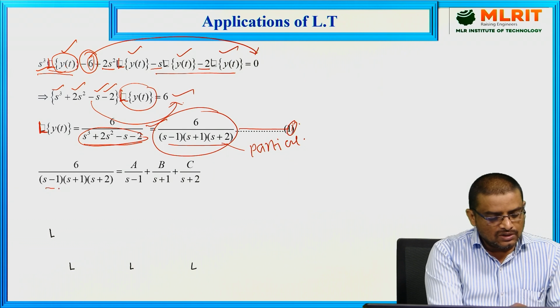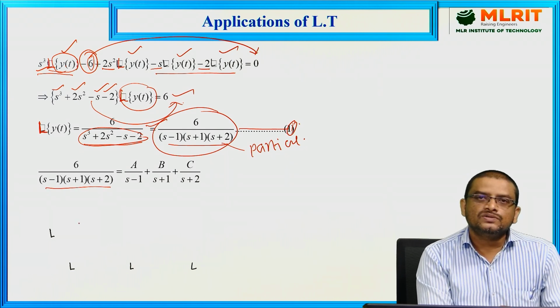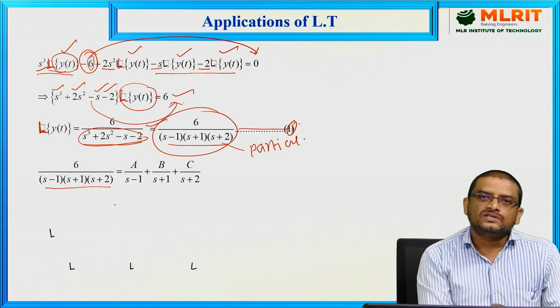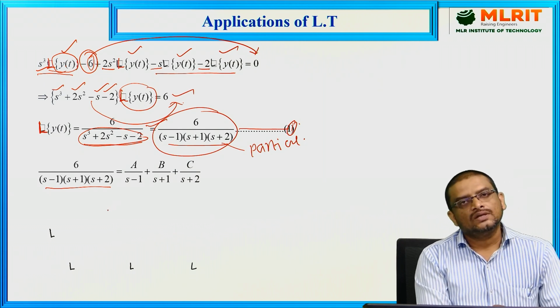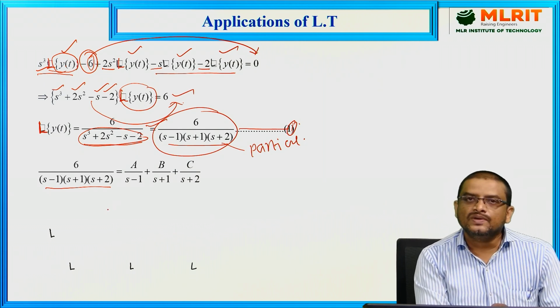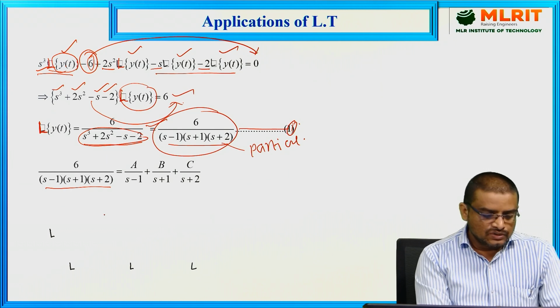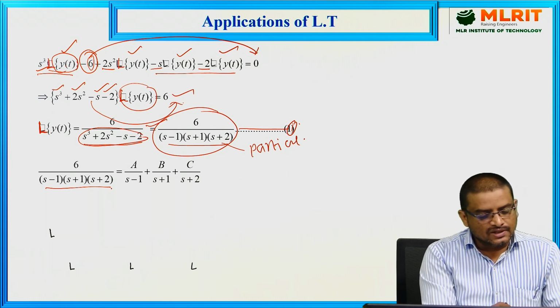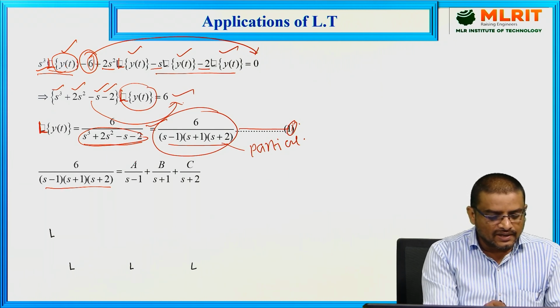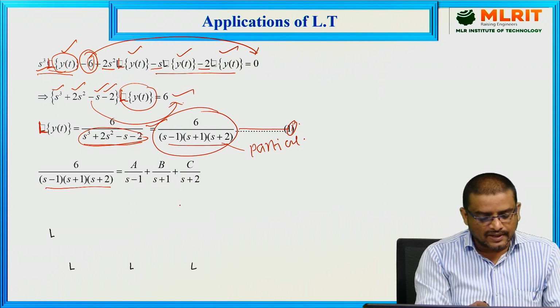In the previous videos we have seen how to split this function f bar of s into partial fractions and how to get the inverse Laplace transform. Since these 3 factors are linear factors, we can take a by s minus 1, b by s plus 1 plus c by s plus 2.